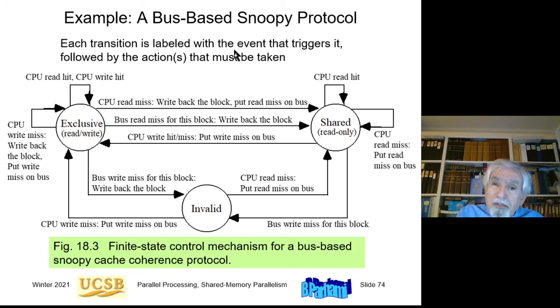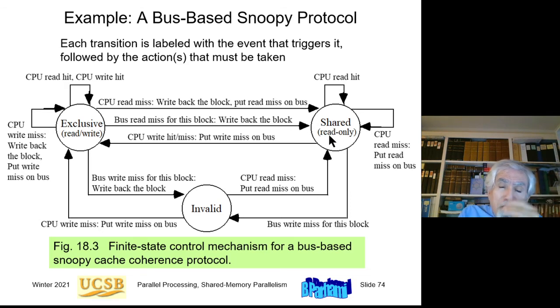Okay, this protocol keeps cache lines in one of three states: exclusive, read-write; shared, which is read-only; and invalid. So for example, if two caches have shared copies of data, they can read that data as much as they want.